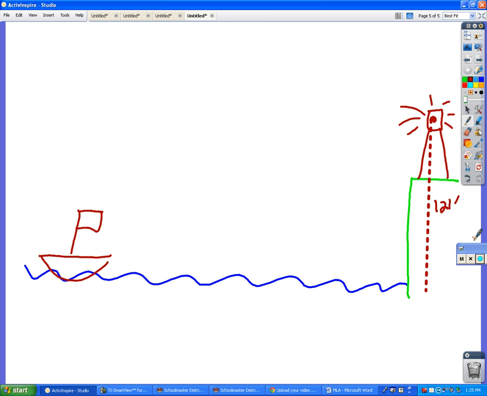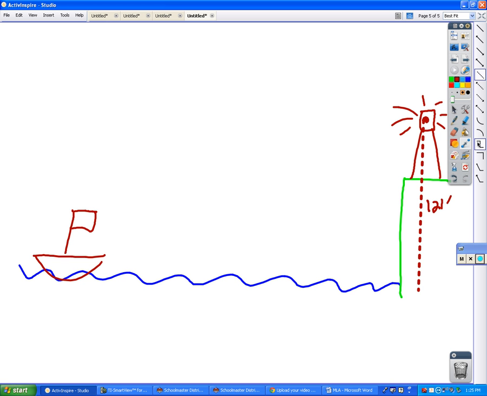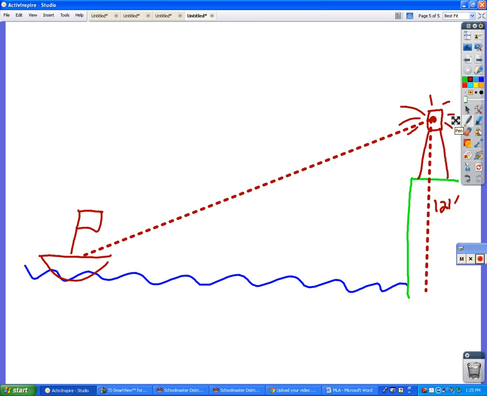And then you take out your fancy little angle measuring device, and you discover that the angle of elevation from you to the lighthouse is 19 degrees. Okay?